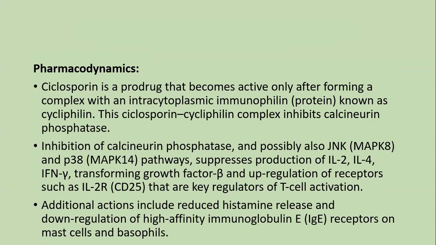Inhibition of calcineurin phosphatase and possibly also JNK, Janus kinase, and P38 pathways suppress production of interleukin 2, interleukin 4, interferon gamma, transforming growth factor beta, and upregulation of receptors such as interleukin 2R or CD25, which is the key regulator of T cell activation. Additional actions include reduced histamine release and downregulation of high-affinity immunoglobulin E receptors on mast cells and basophils.